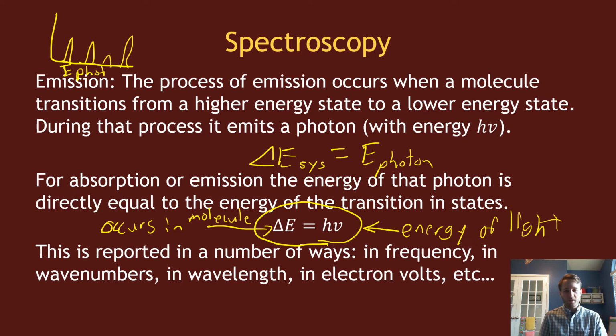Where these peaks appear is the energy of the photon, that is the energy difference between whatever initial and final state your system transitioned to. This energy difference between your initial and final state is related to the energy of that light. So where the peaks in your spectra are is telling you the energy gaps in your system. What are the energy gaps between different states in your system?